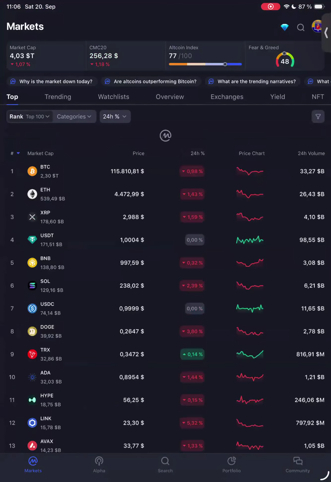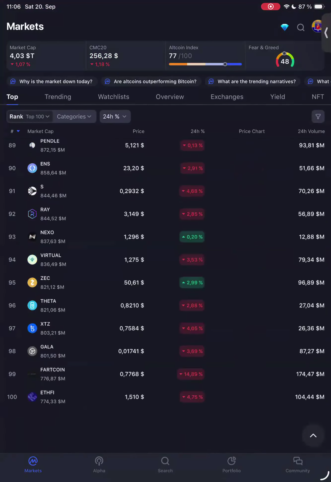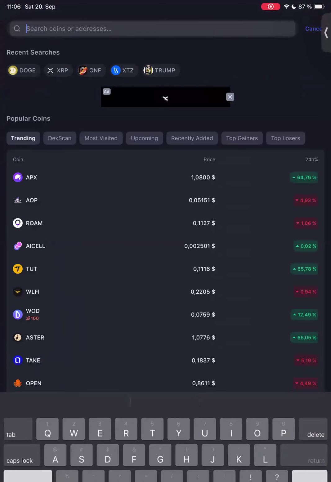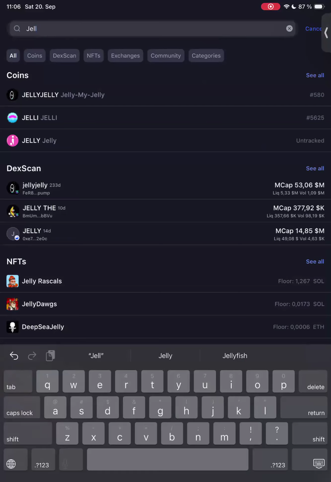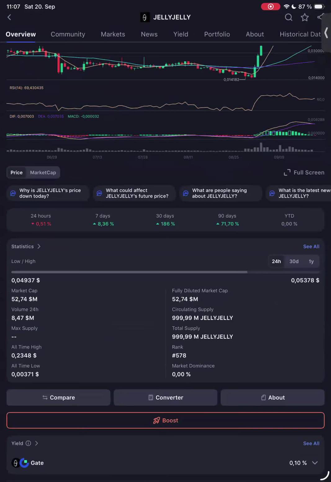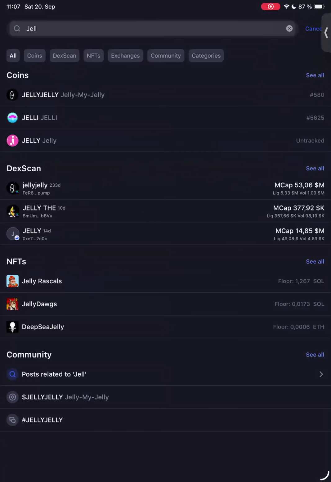They are great coins to trade because they have good market caps. But if you trade a coin that is ranked number 3,000 or 2,000, let's see, jellyfish, it's ranked 578. Such a coin has no market dominance. So please, a coin like this, you can't put it on cycle.